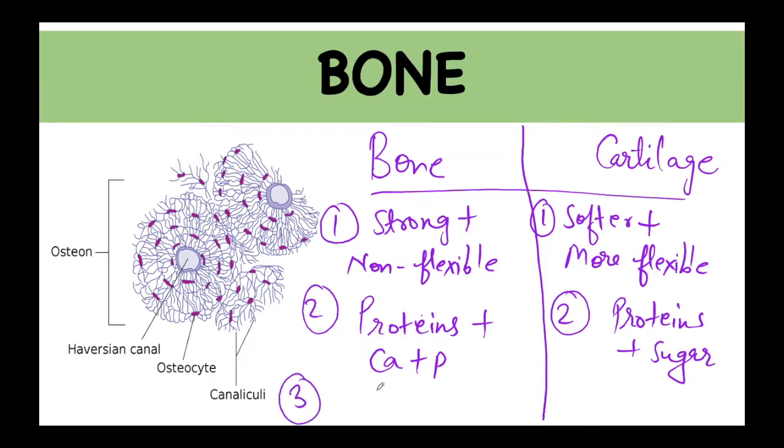Number three, bone cannot be bent, but cartilage can be bent. This you can notice by bending your ears, or you can touch the tip of your nose. You can see it is much more flexible, softer also, and it can be bent.